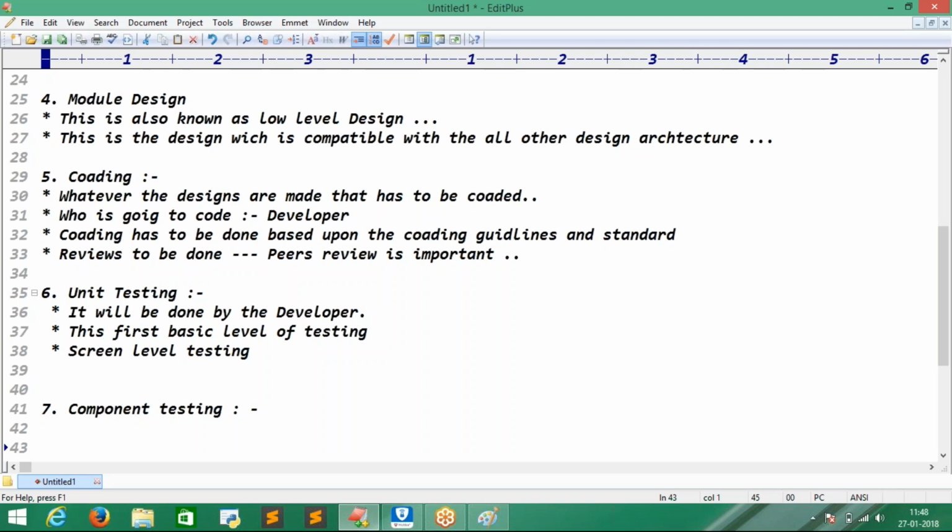When I say component testing, this is the first level of testing which is started by a tester. A tester cannot do unit testing or sanity testing.